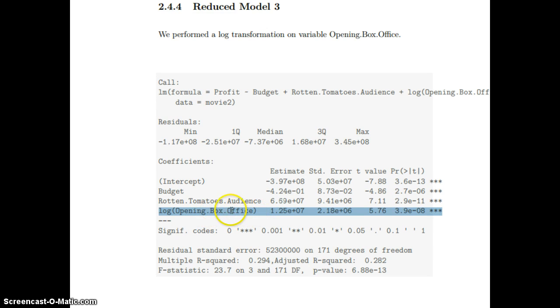So I took the log of the opening box office, and now I've removed IMDb rating. This model only has 3 variables, and we see that our r squared has dropped significantly. So this is not a good model.